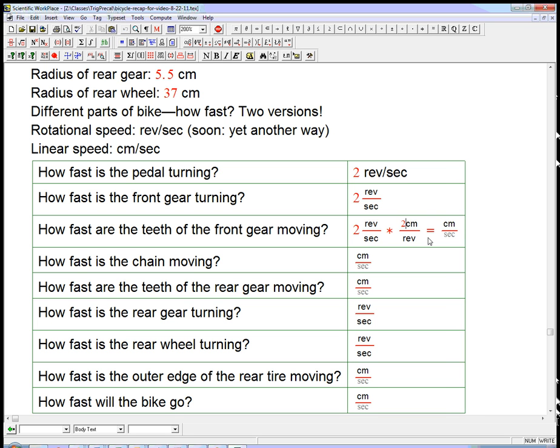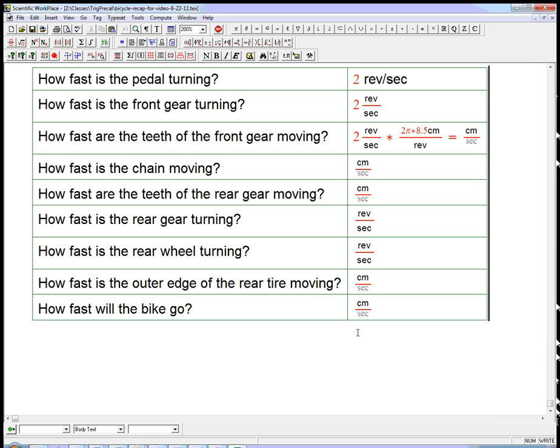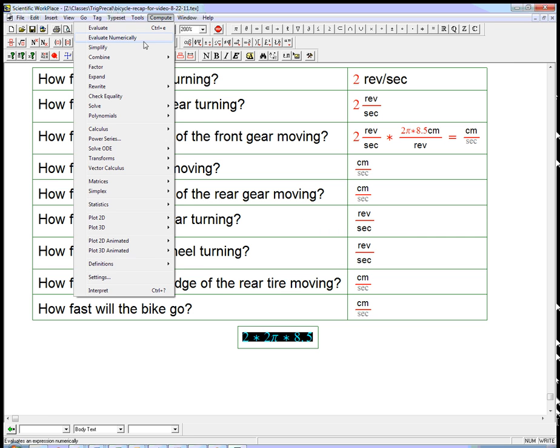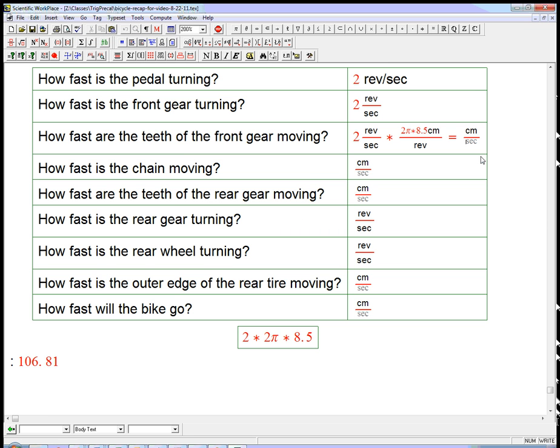And so that's going to be 2 pi times the 8.5 centimeters for the radius. And let's go down and do some scratch work here. So we get 2 times that conversion factor of 2 pi times 8.5. And that's 106.81. A lot of people are getting that number.